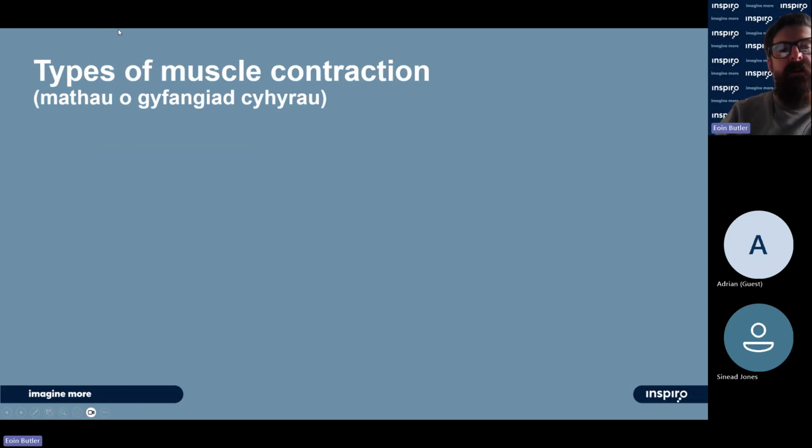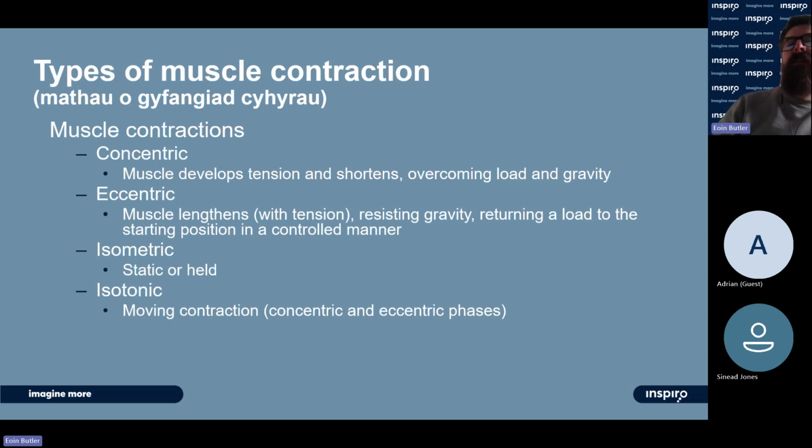I brought them all up. I thought I was just bringing up one by one. Okay, so concentric first of all. This is where the muscle develops tension and shortens, overcoming load and gravity. So if we remember concentric as muscle shortening, that's the main thing. What we're also thinking about is the load and the gravity, so what weight we're using in our hand.